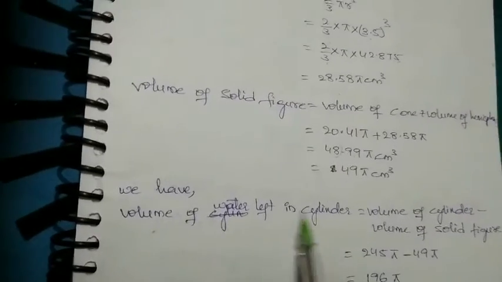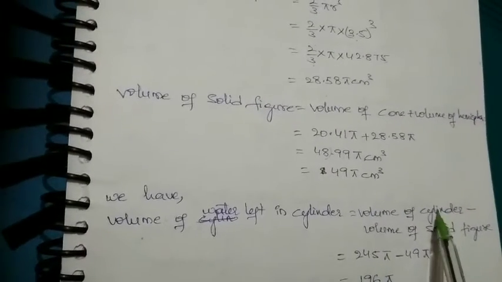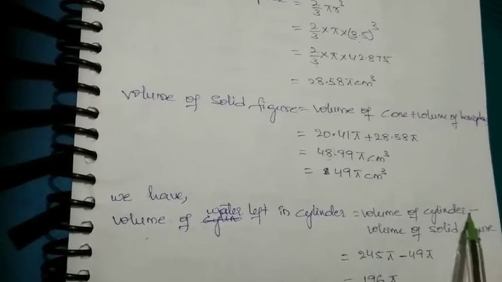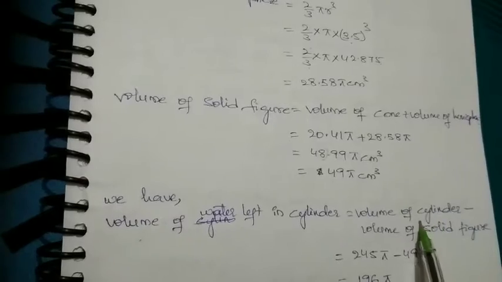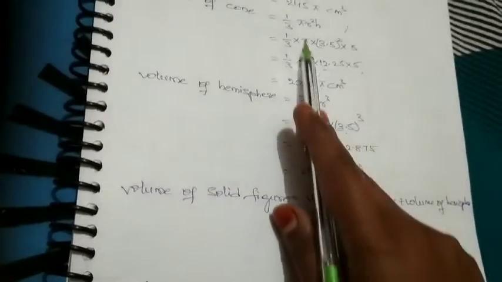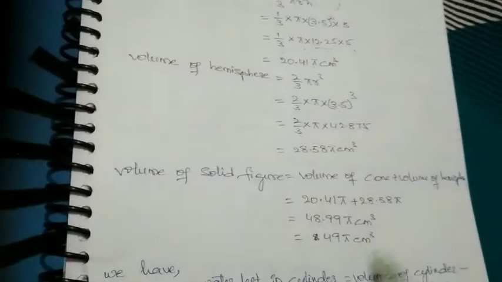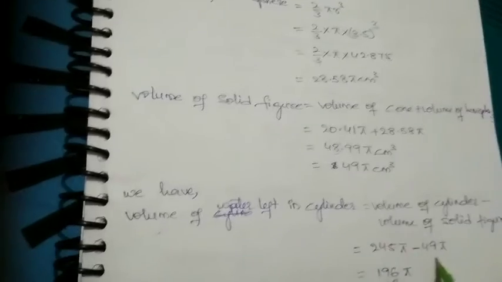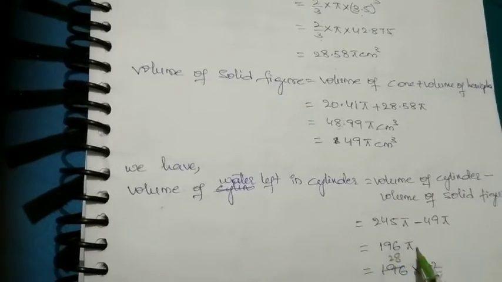Now I'll substitute in the formula. Volume of water left in that cylinder is the volume of cylinder minus the volume of solid figure. This is the formula we have taken in the first step, right? So let us simplify. The volume of cylinder we have is 245 pi centimeter cube. So 245 pi minus 49 pi, if you subtract, you will get 196 pi.